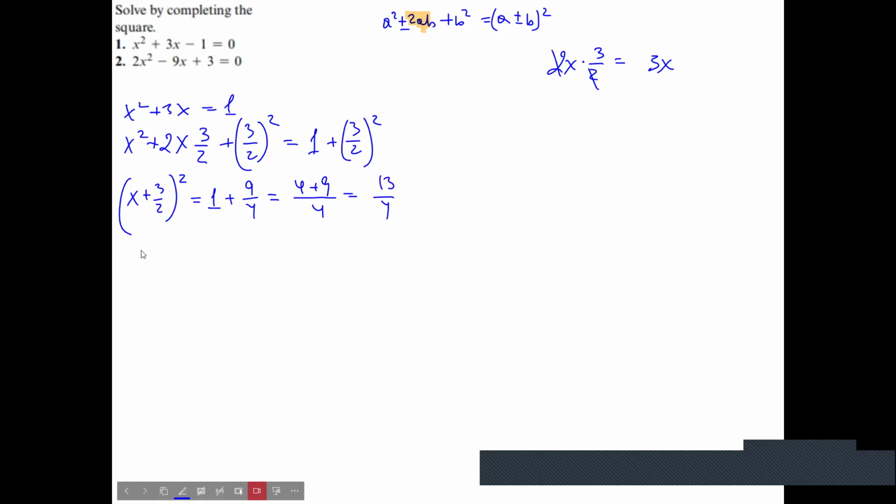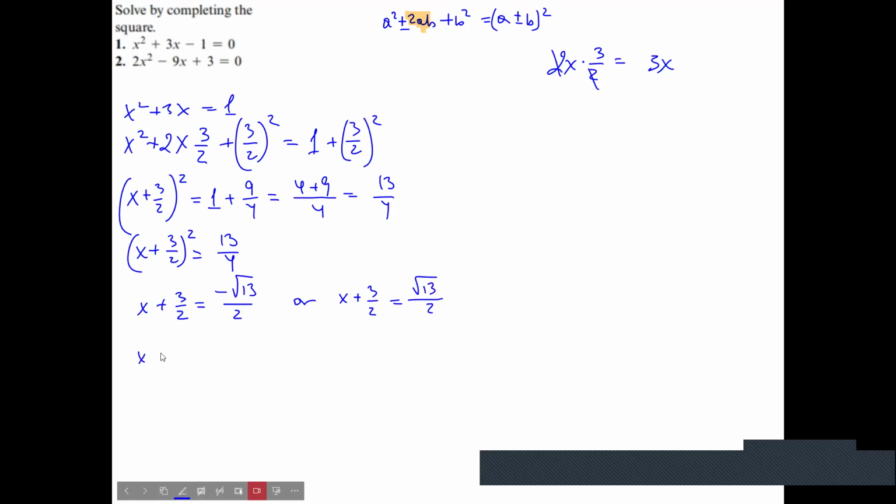And therefore I have x plus 3 over 2 squared equals 13 over 4. Now when I take the square root from both sides, I have x plus 3 over 2 equals minus root of 13 over 2, or x plus 3 over 2 equals plus root of 13 over 2.